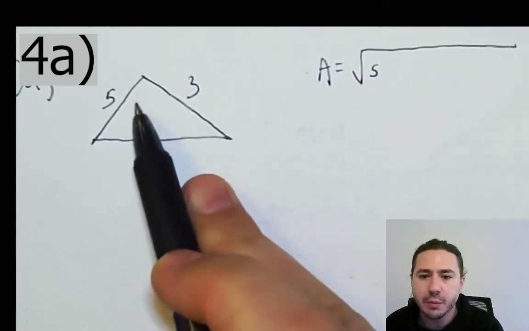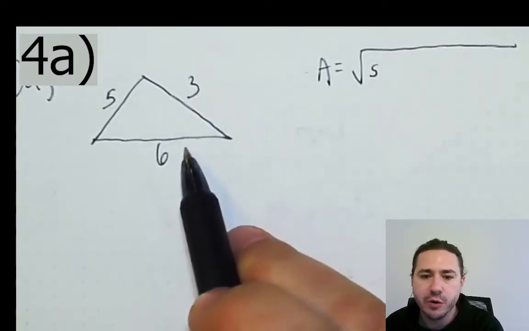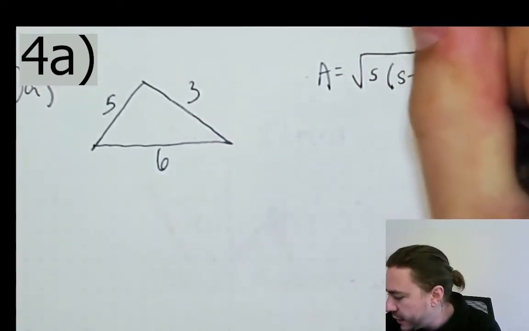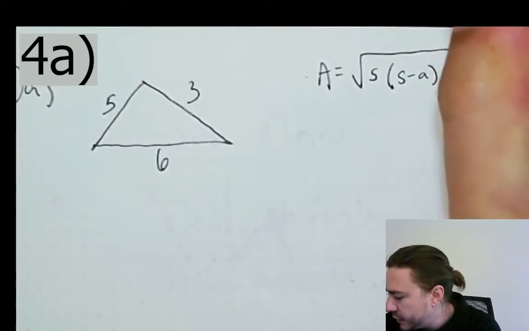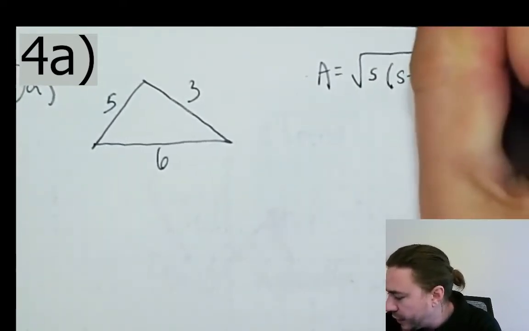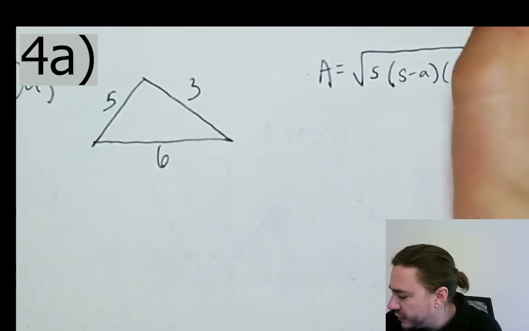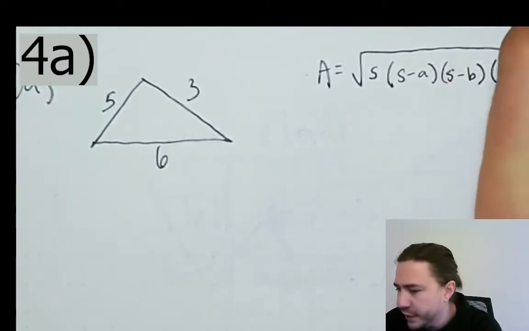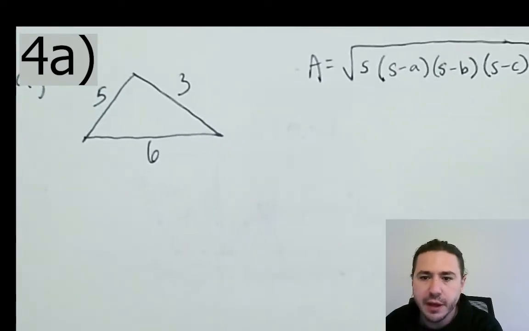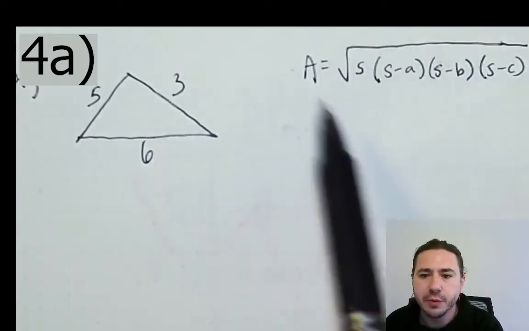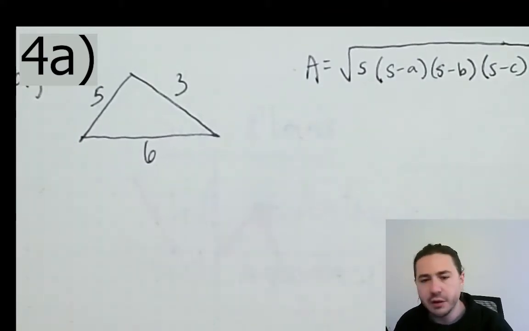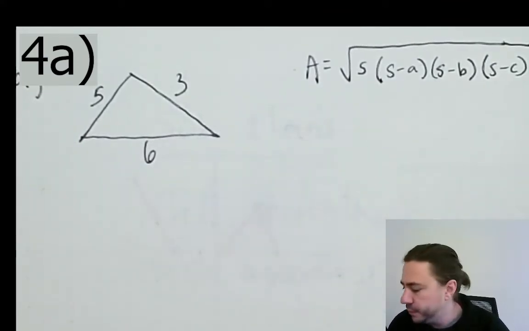So like in this case, the perimeter would be 8, and 6 is 14, so it would be 7, times S minus A, S minus B, and S minus C, where A, B, and C are the 3 sides. And it's up to you which one is A, which one's B, which one's C. That doesn't really matter. So that's Heron's formula, and that's what we're going to use for all these examples on problem 3.